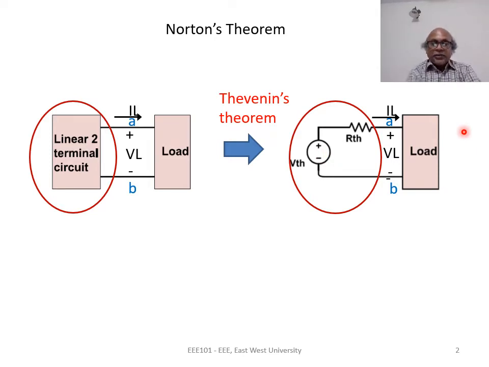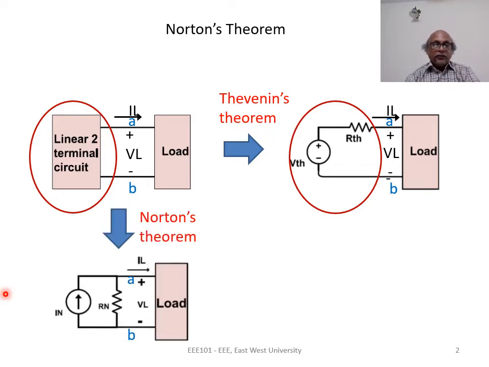Norton's theorem is similar in the sense that it says this linear two-terminal circuit may be replaced by a different equivalent circuit. What is the equivalent circuit in Norton's theorem? The equivalent circuit consists of an independent current source IN in parallel with a resistance RN.